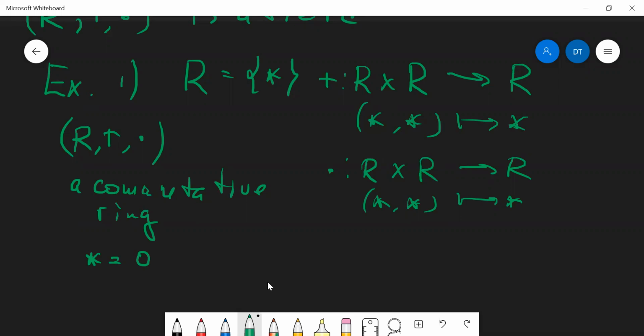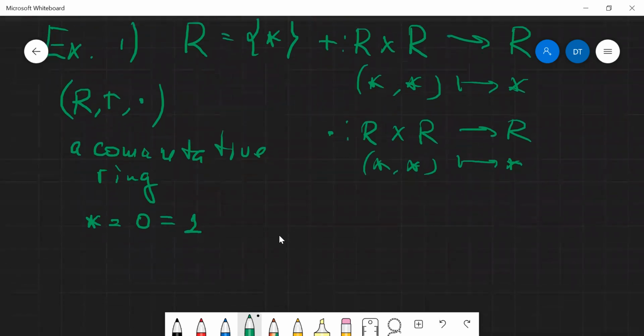So this is a neutral element with respect to addition, and also it's a neutral element with respect to multiplication. So this is at the same time the element 1. So this is an example of a trivial ring, the ring consisting of one element. In this case, this element is also the 0 element and also the identity element. So that's one example of a weird ring consisting of just one element.